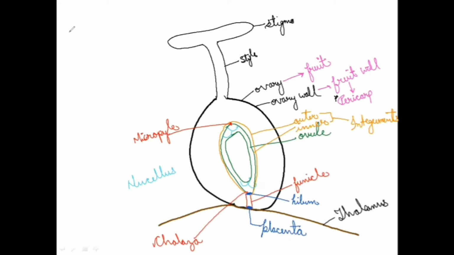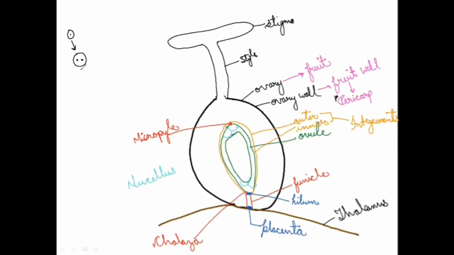So remember, this is one megaspore which is going to form the embryo sac. This megaspore will divide only its nucleus. It will not divide its cell membrane or cell wall. Cytokinesis will not occur, only karyokinesis will take place.